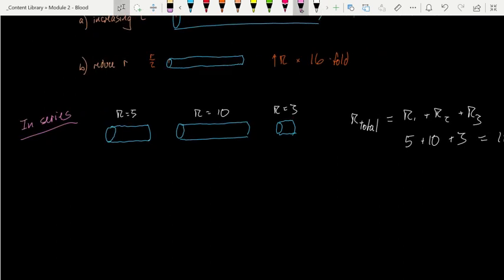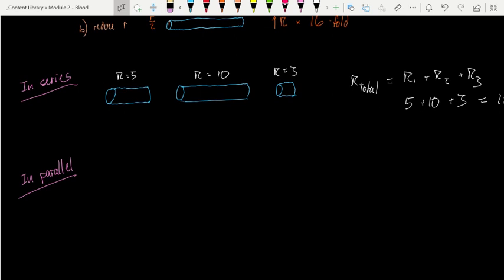But let's contrast that with what happens in parallel. Okay, we have those same tubes, but now instead of going through them one at a time, we split up and go through all of them at the same time. We have this one here, that was 5. We have this one here, was 10.